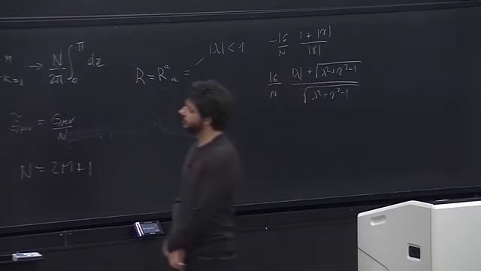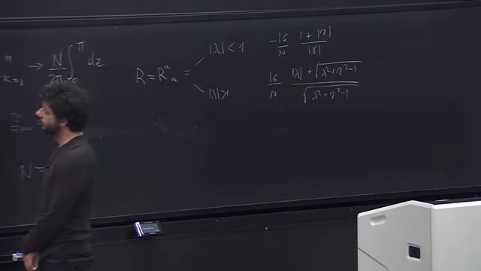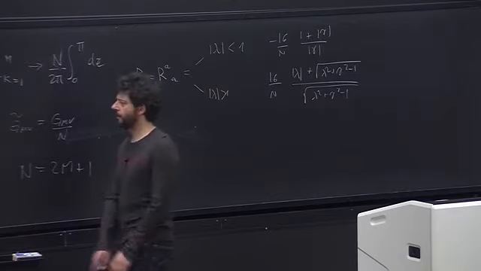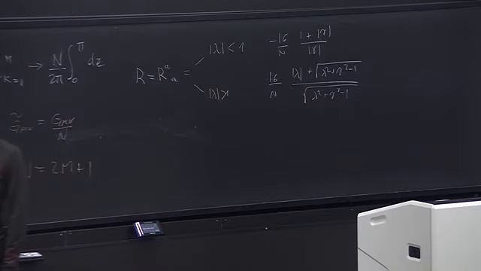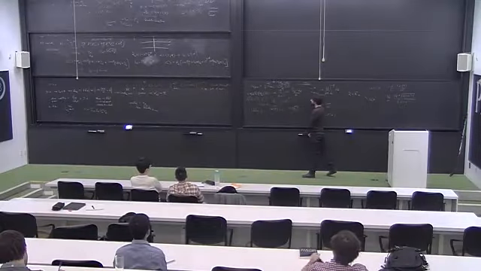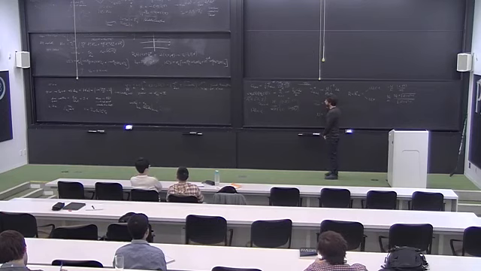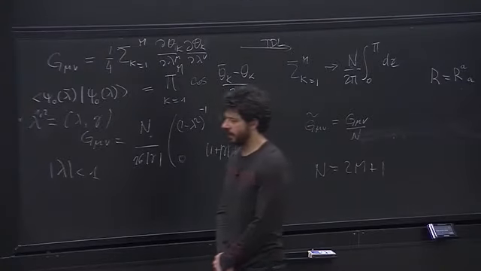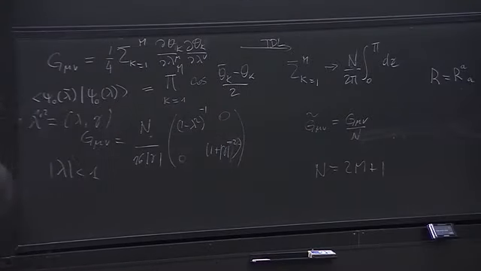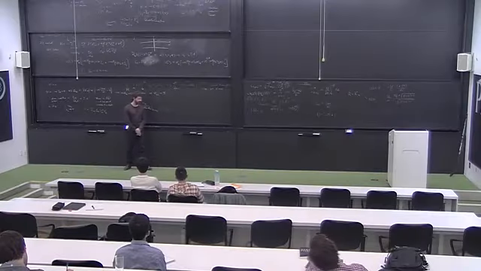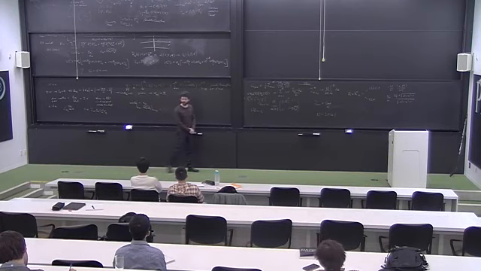For the R, I really don't know. But the interesting object for me is this one. The reason is that before, we first used this criterion of the gapless excitations.